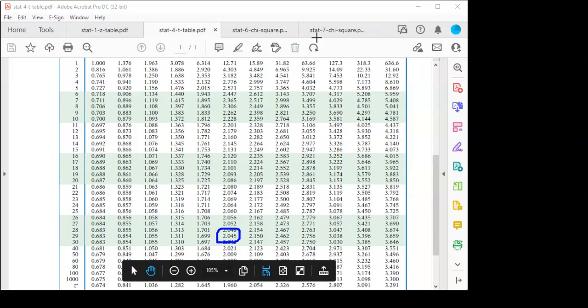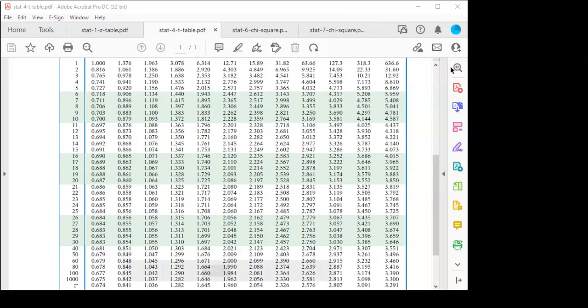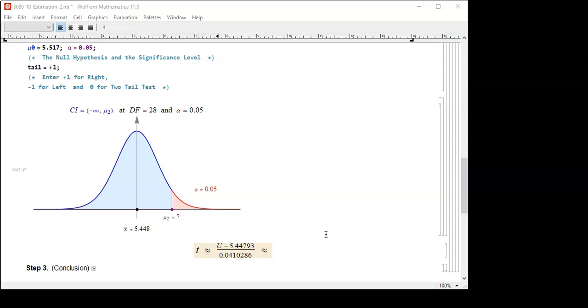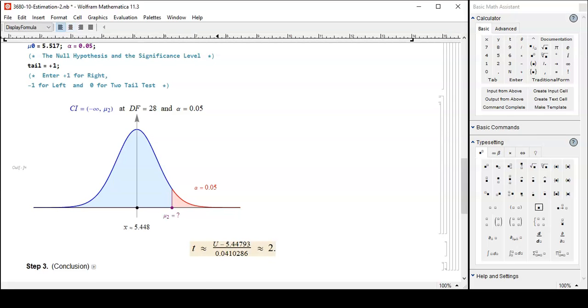Oh, excuse me, that's not right. 29 is the sample size. So degree of freedom is n minus 1, 28. So 2.048. That's what we should look up. From here, we can find out the U value.